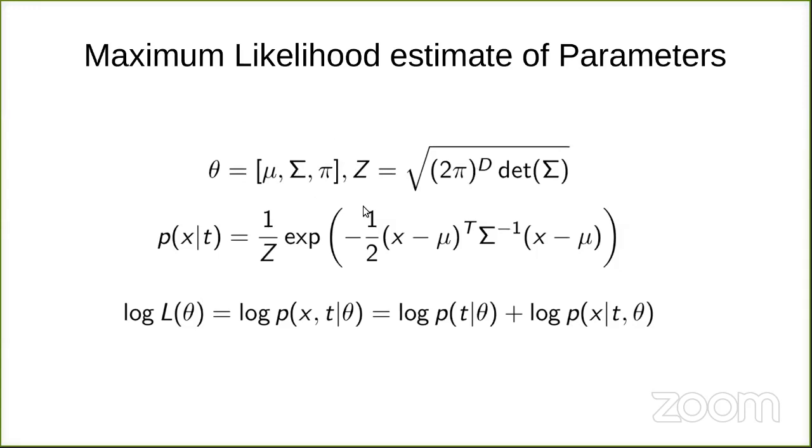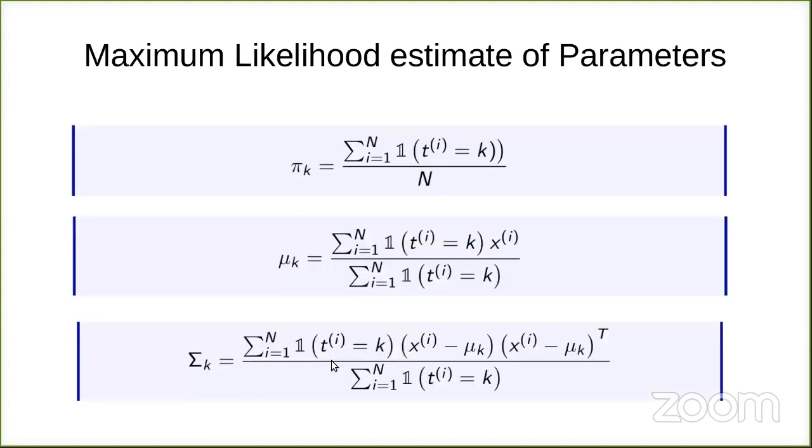The way we find these parameters is using what is called maximum likelihood. The likelihood is the probability of the data given our parameters. We take a log, and if we theoretically maximize this value, we come up with these results. These are pretty intuitive to understand.